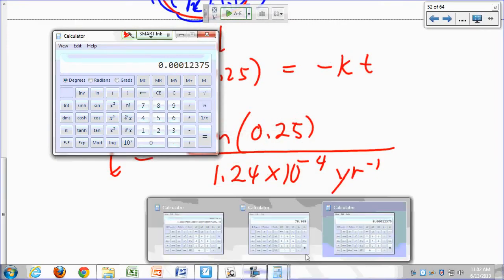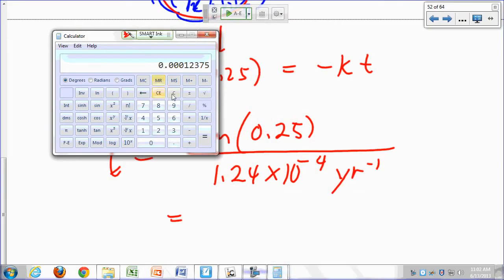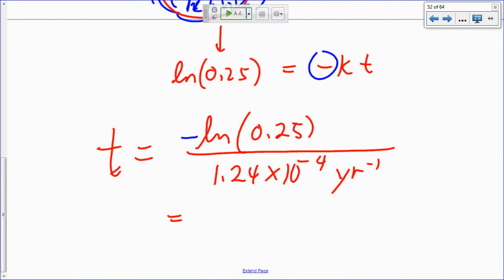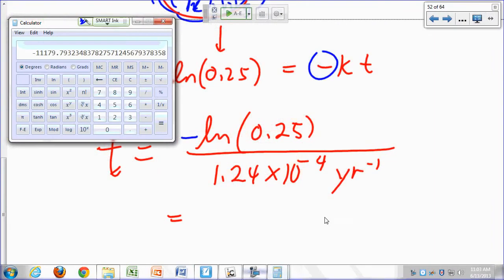So ln of 0.25 divided by 1.24 times 10 to the negative 4, and there's a negative there, negative over negative becomes a positive number: 11,180 years.